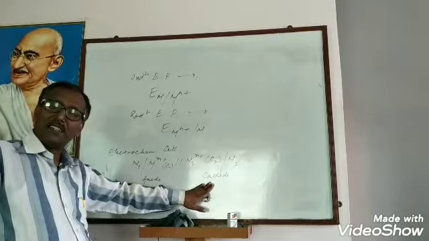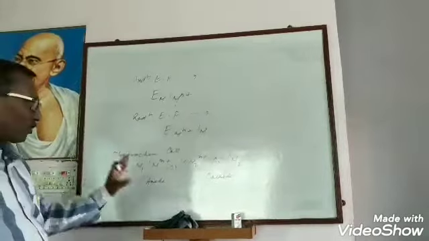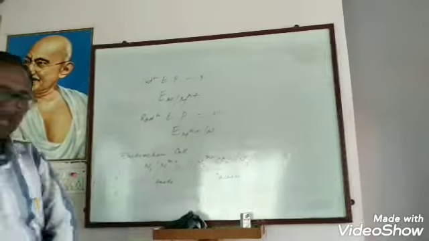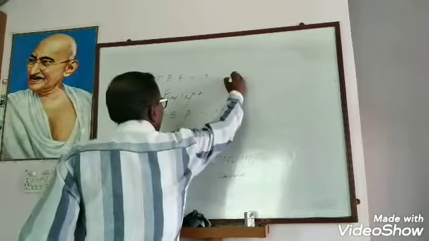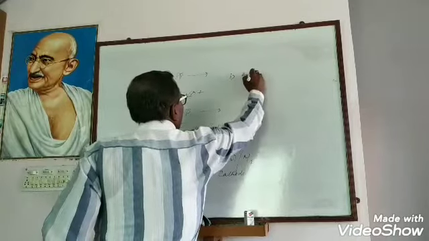Now, on the basis of this electrochemical cell, we can draw three things. Number one is anode reaction.